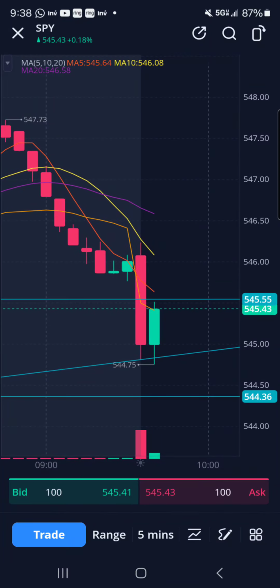Because once it's below these moving averages, chances are that the algorithm or other traders would use this as a means to go short, to buy puts. So it's not really like a buy zone once it's trading below these moving averages.